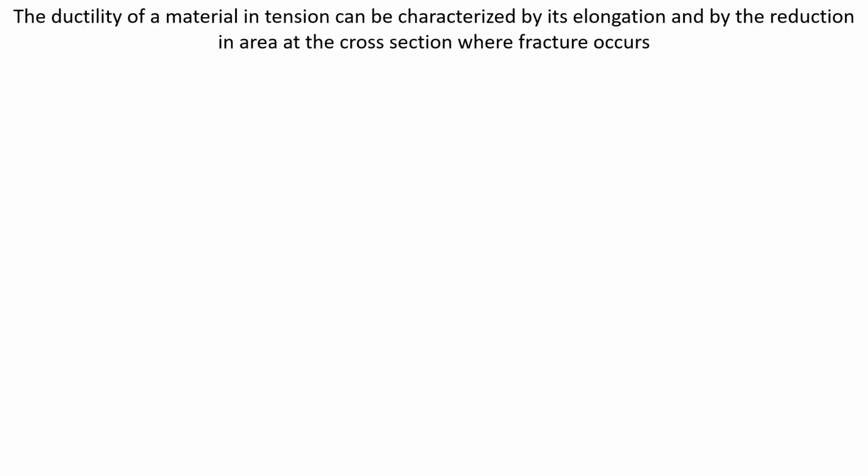Next we discuss the ductility of a material. Ductility in tension can be characterized by its elongation and by the reduction in area at the cross section where the fracture occurs. So ductility of the material can be characterized by two measures. First is the percentage of elongation, second is the percentage of reduction in cross-sectional area.